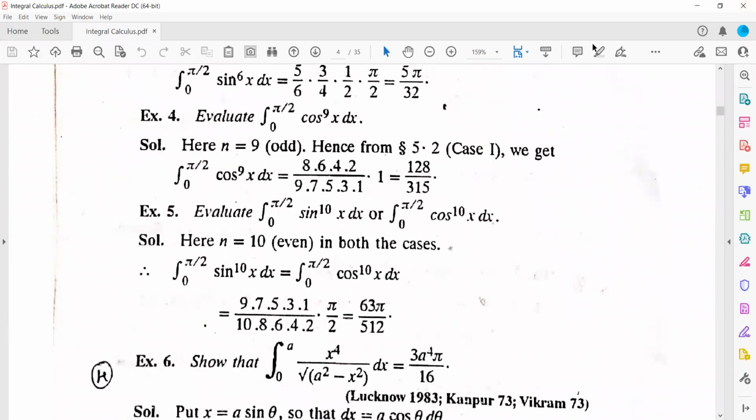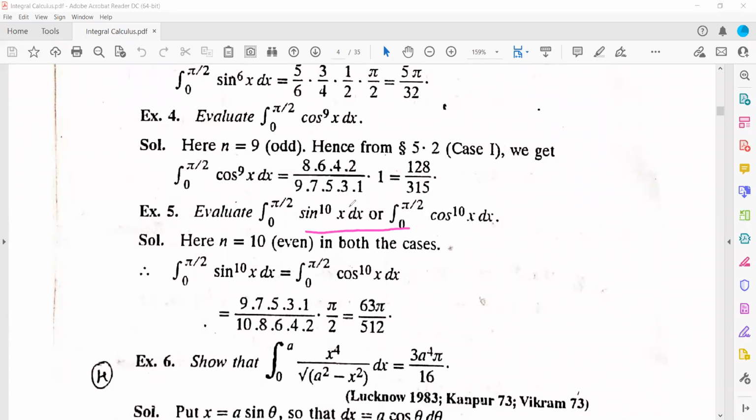Now see here, same thing. 9, so 1 less is 8, then 6, then 4, then 2. After that you can't write more because it will become 0. Then the denominator starts with 9, the same power of cos: 9, then 7, then 5, then 3, then 1, into 1. So I'll multiply and you'll get the answer.